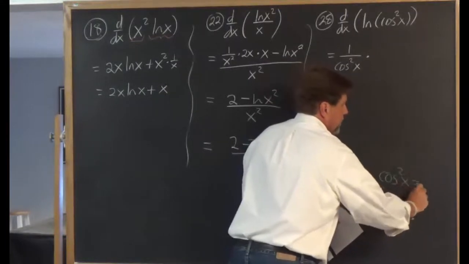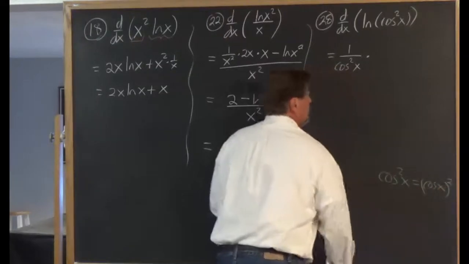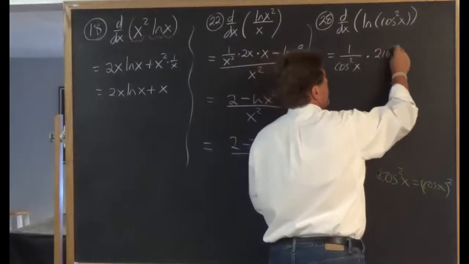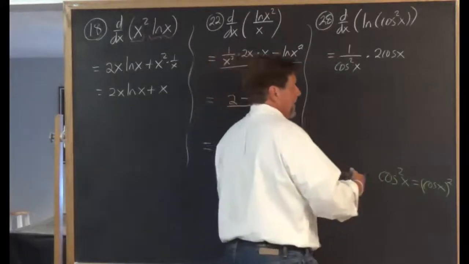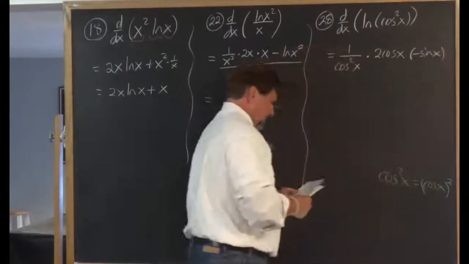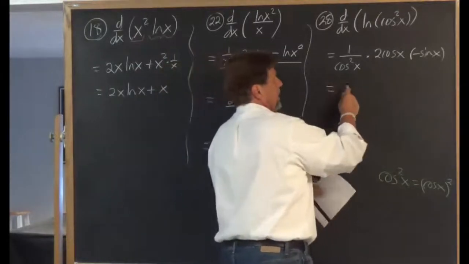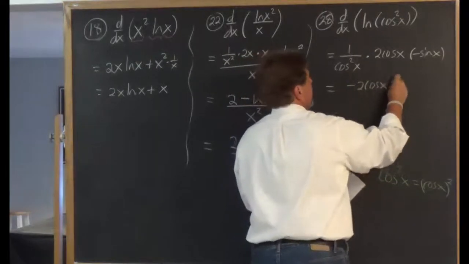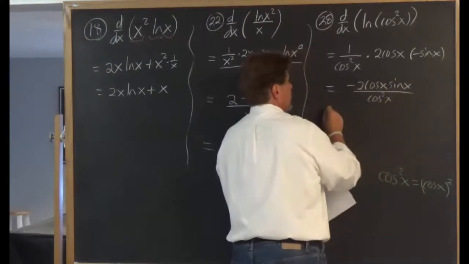cosine squared x really means cosine x quantity squared. So when we differentiate that, we get 2 cosine x, and then we have to do the derivative of cosine x, which is negative sine x. So we're going to do some simplifying here. We could at least write it as negative 2 cosine x sine x over cosine squared x.